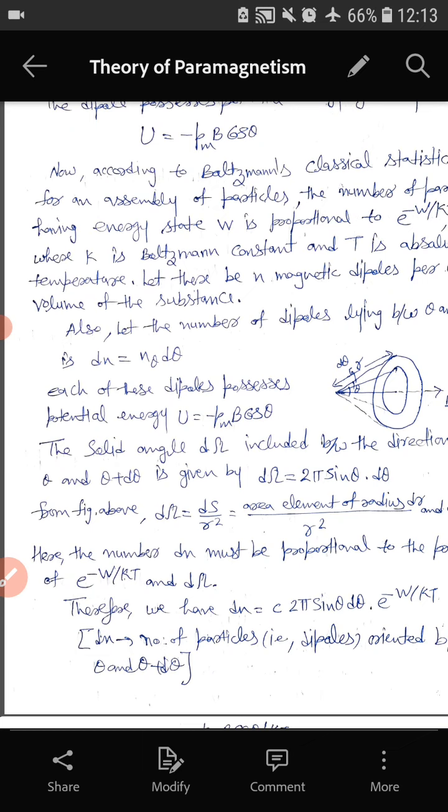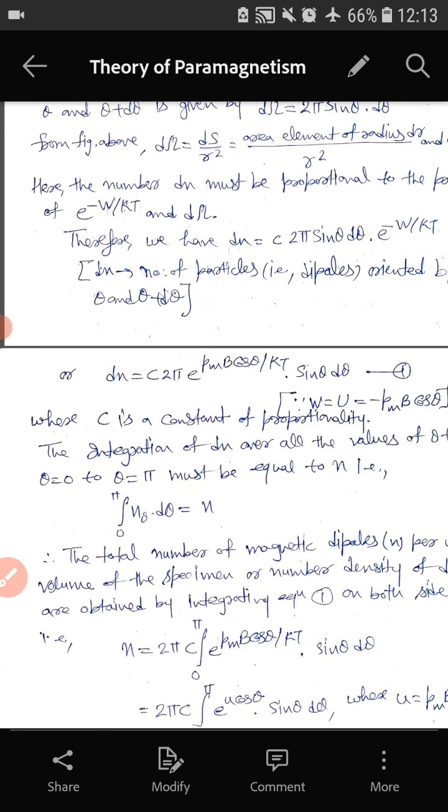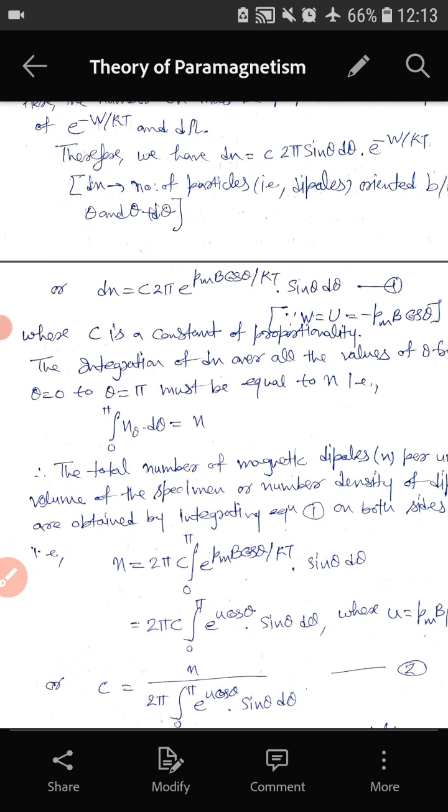Now replace this W, the energy, with the potential energy, which is minus PmB cos theta. If we substitute this value in this equation, dn will be C into 2 pi exponential PmB cos theta over kT dot sin theta d theta.